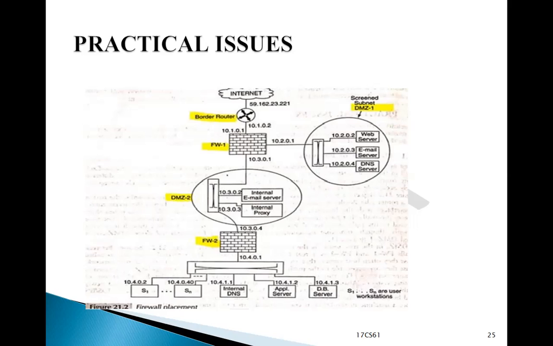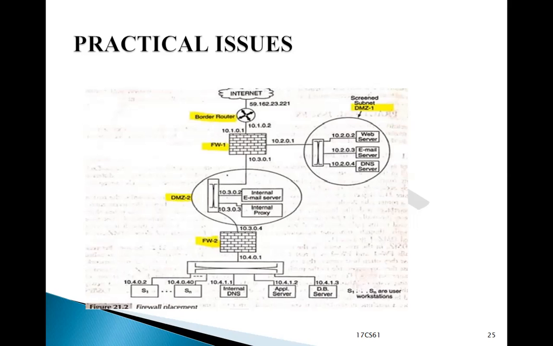We will see what other servers are connected to this firewall. Just have a look over the diagram which shows the firewall placement. FW means firewall here, the annotation they have used, so that is FW1, FW2.